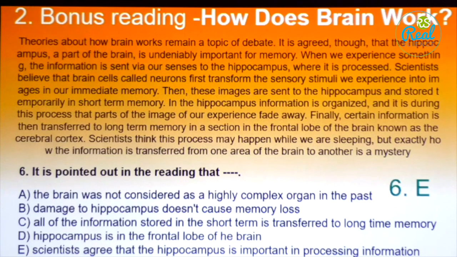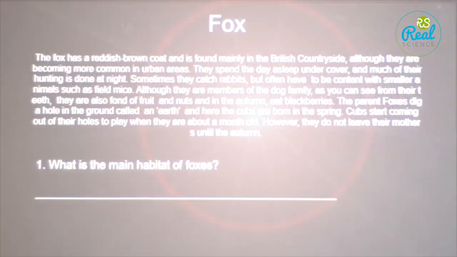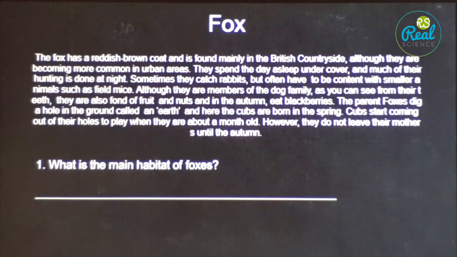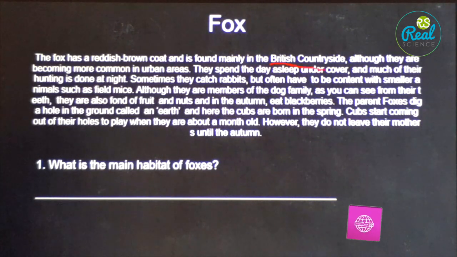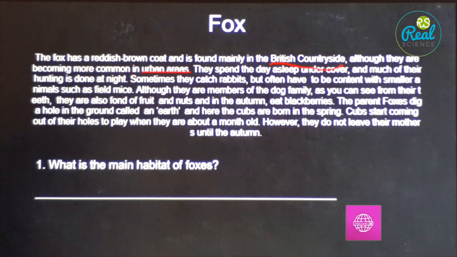Next one. It's the last question for bonus reading. Next reading. Okay, guys, here you are giving two answers. One of them is the British countryside, and the next one is urban areas. Right? Now, can you tell me why your answer is British countryside and why some of you chose urban areas?